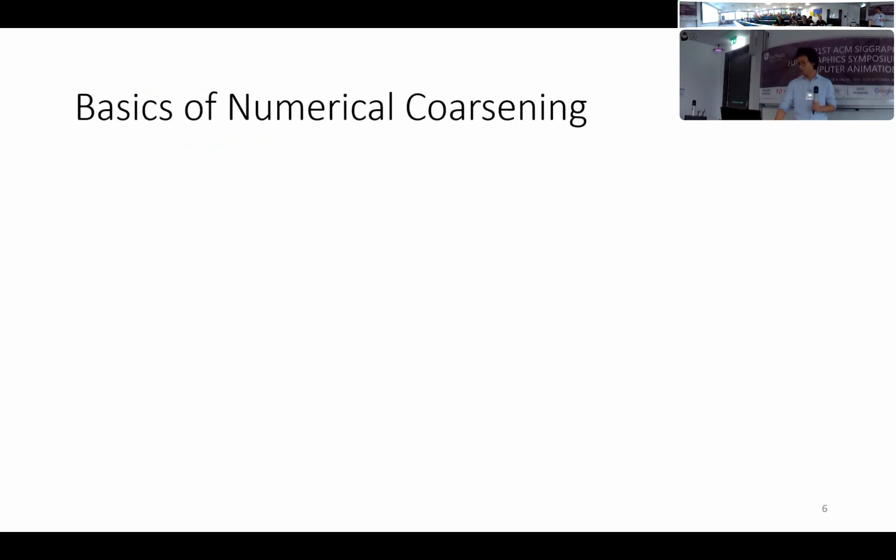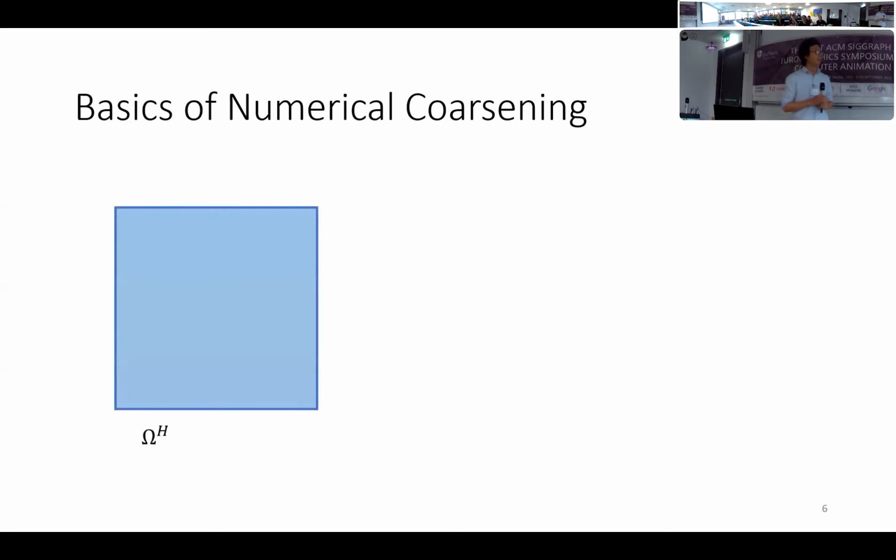So now we have some basics of numerical coarsening. First, we have a coarse cell, and it can be divided into several fine elements. And in finite element elasticity, the displacement field is interpolated with shape functions in the fine elements.